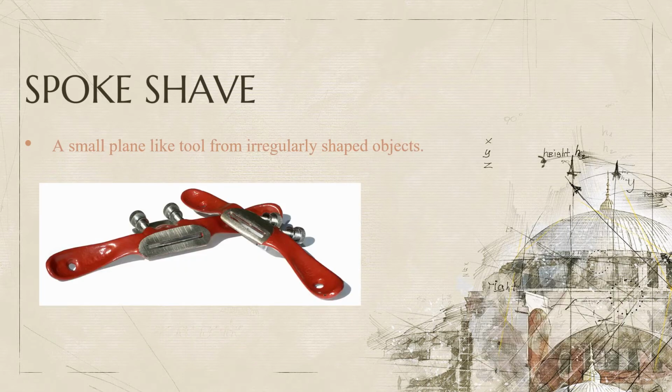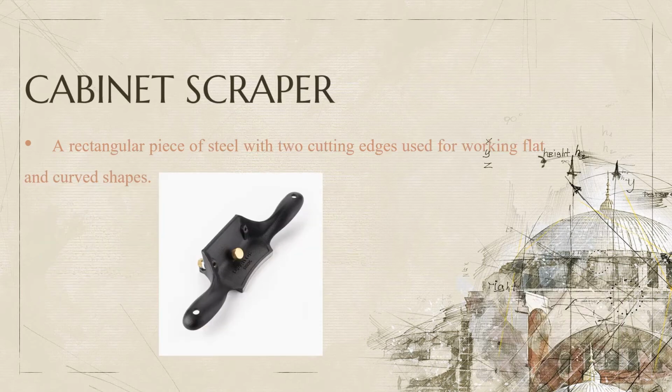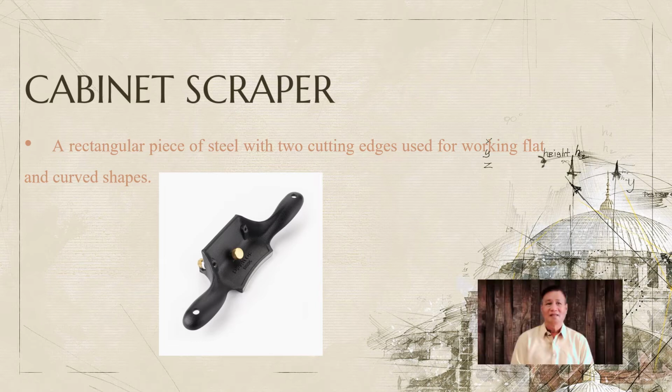Next is the spokeshave. A spokeshave is a small plane-like tool for irregularly shaped objects. Under the cutting tools is the cabinet scraper. This tool is a rectangular plate or piece of steel with two cutting edges used for working flat and curved surfaces.